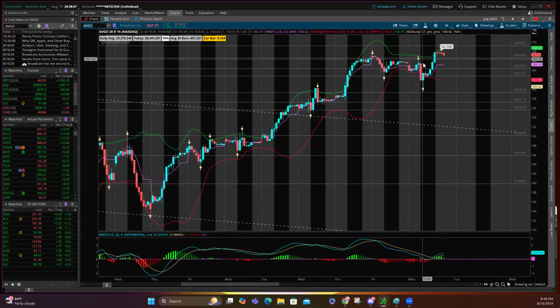So this is a little squeeze happening right now on Broadcom, and it's been trending up and not touching. If you would have bought calls on this day or around this area, because the market was closed, you could have just been on your calls without any real scare of getting out until here.